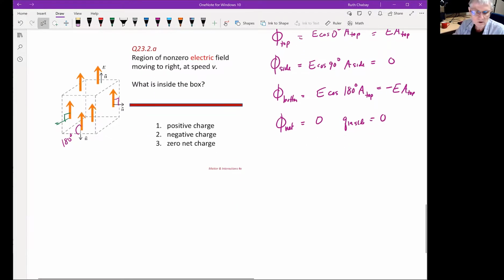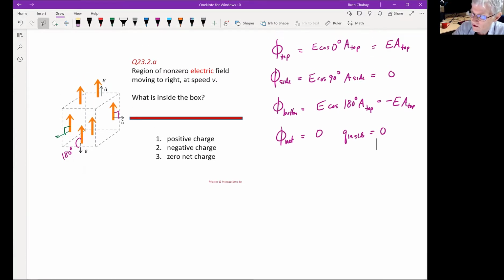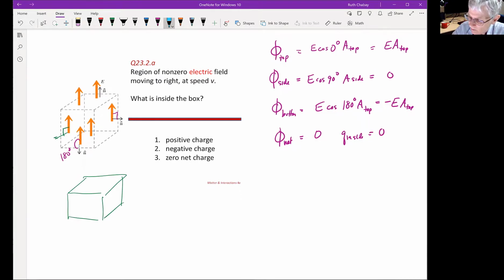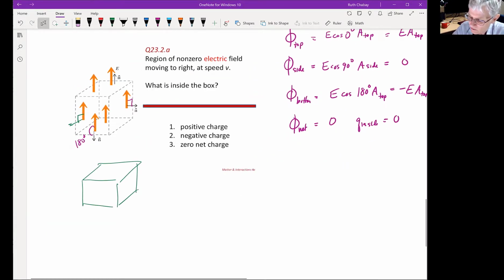And we could do the same thing for Gauss's law for magnetism. Our magnetic field is, we basically rotate this whole thing by 90 degrees to do that.